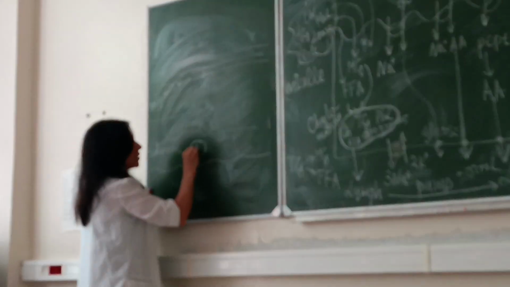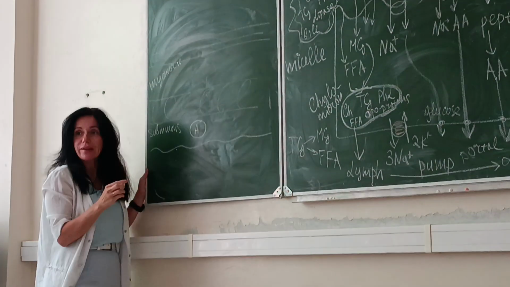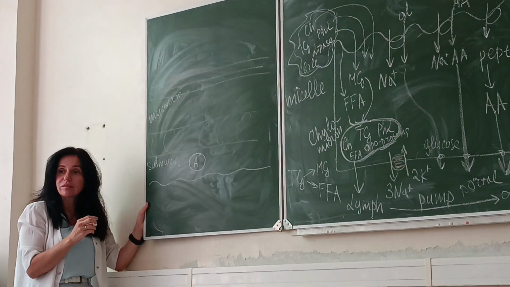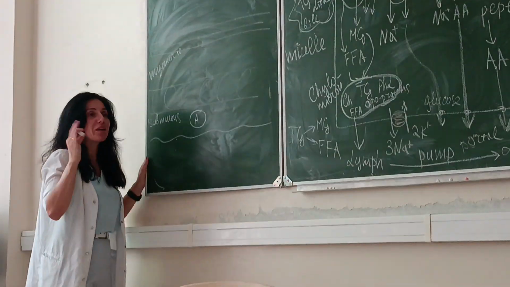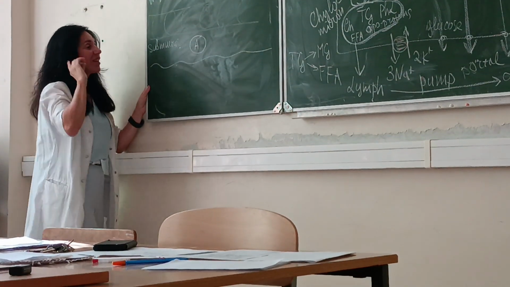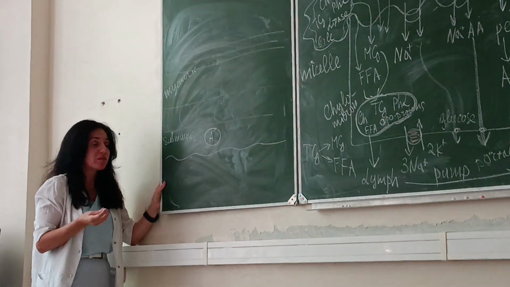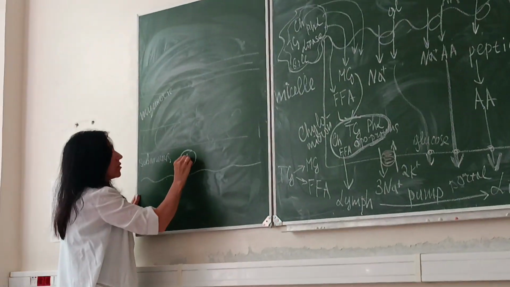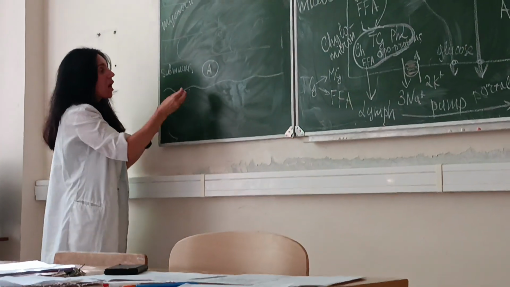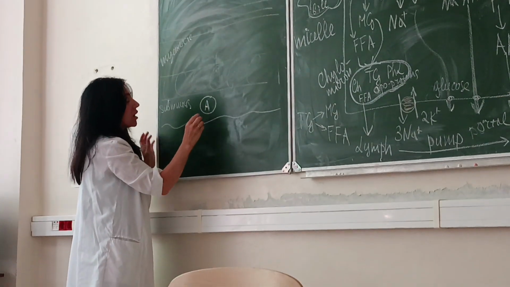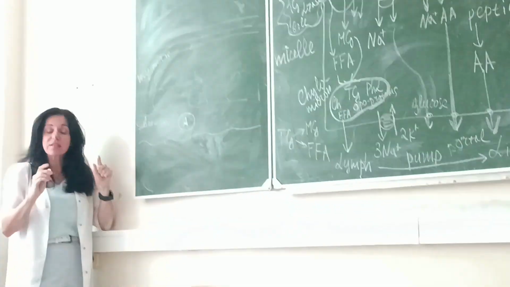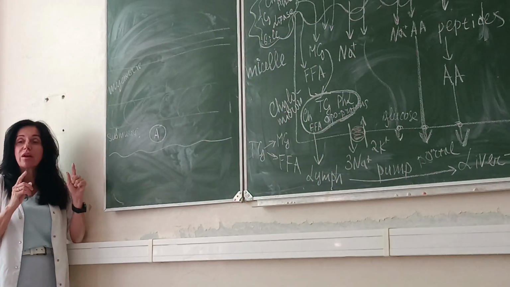Did you study Dogiel cells? Forget it. Physiology doesn't require it, but maybe histology requires it, maybe in medical institute. This is a special type of neuron. These neurons have several active fibers.